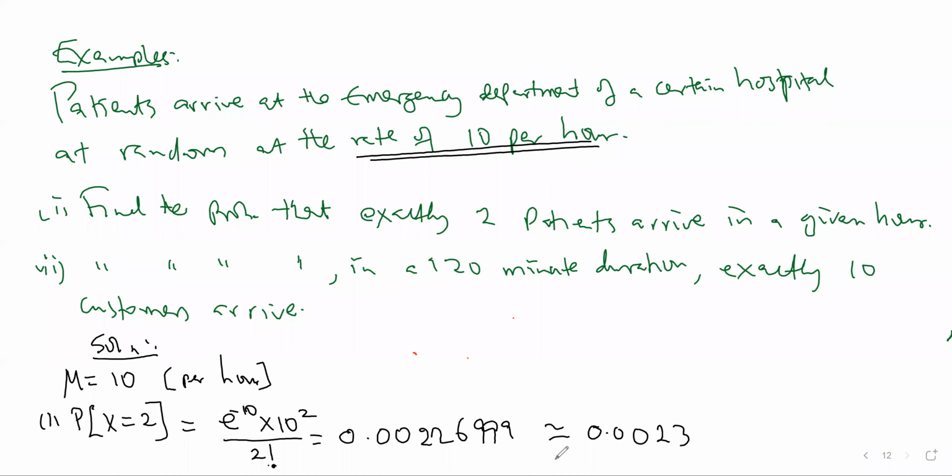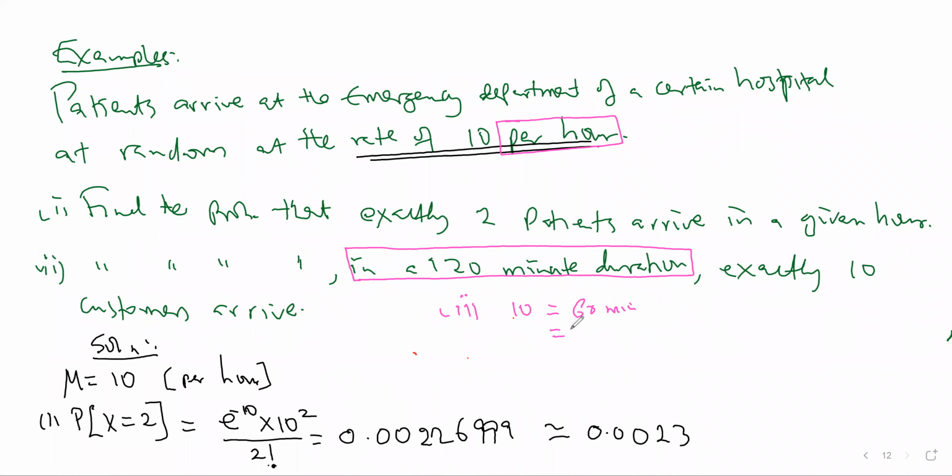Now, the other question is slightly different, and I want you to be cautious. You are given a different time interval. The interval here is 120-minute duration, whereas this one was 1 hour, which is 60-minute duration. So we need to recalculate the value of mu by just doing simple cross multiplication. So if mu is 10, this is for 60 minutes, that's 1 hour.